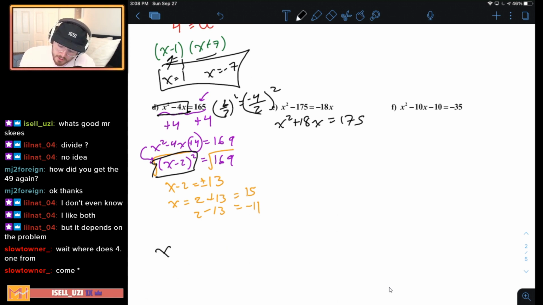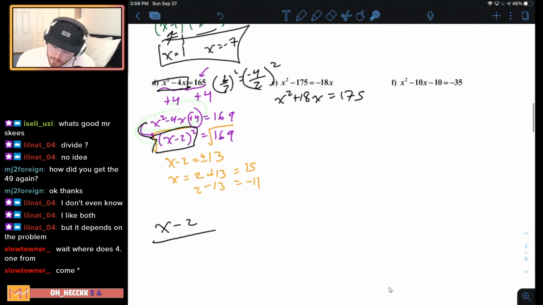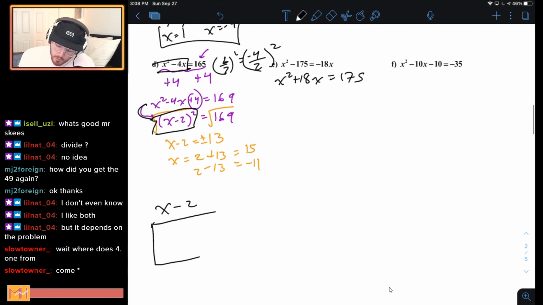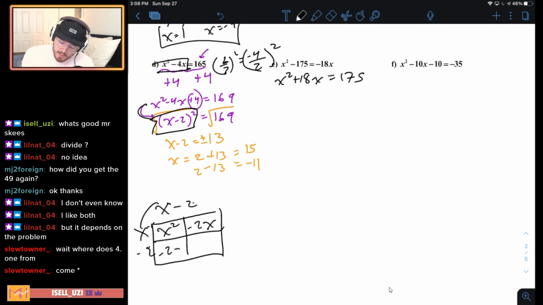And again, if you don't believe me, if you're like, how are we jumping from this to this? I don't get it. Well, that's just the way it works out, right? I'm working under the assumption that we see that now. So x times x is x squared. Negative 2 times x is negative 2x. x times negative 2 is negative 2x.